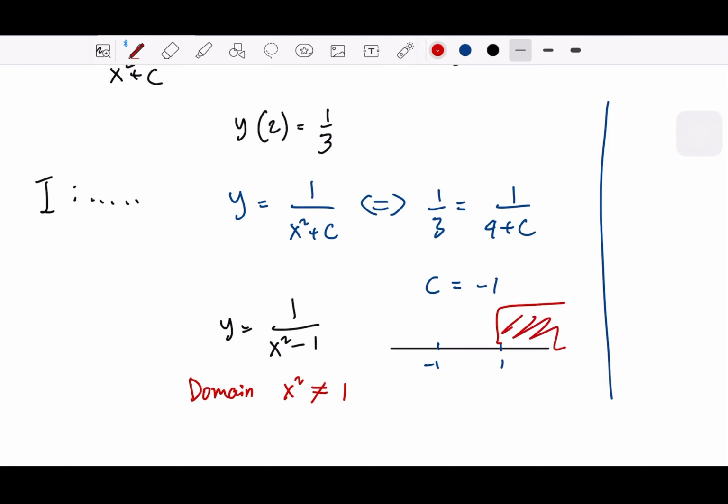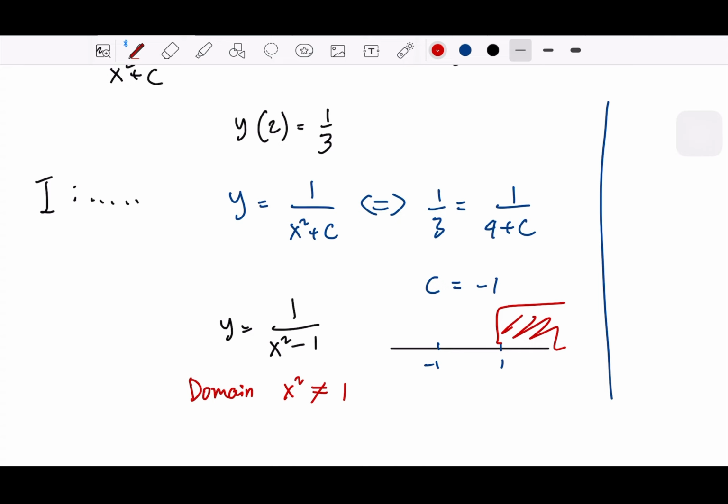Through some logical reasoning, we have a curve and an asymptote, so the solution curve can only be on this side, on this interval. You don't need to care much about the other two. There is another solution there, but our point 2, 1 over 3 is on this side, so we only see this solution curve.